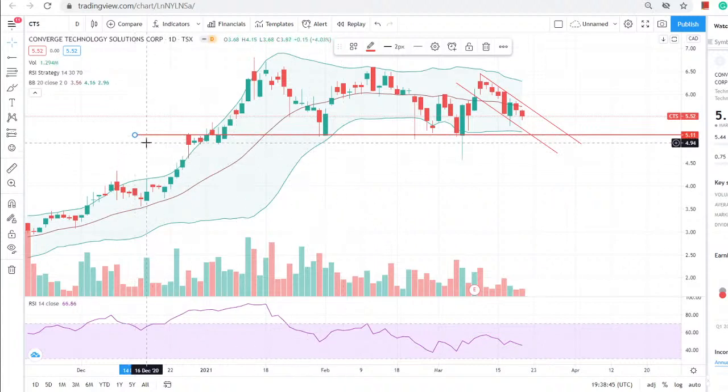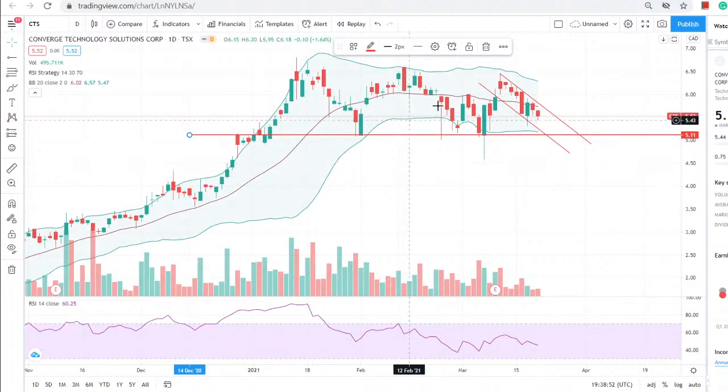So buy at around 5.10, and that could be the support.